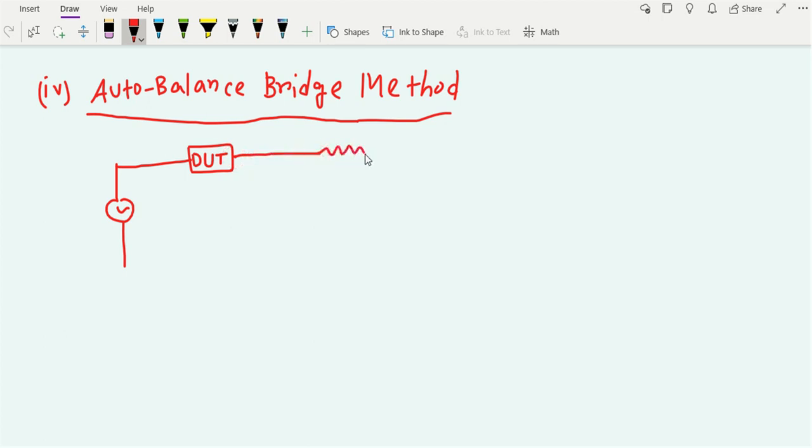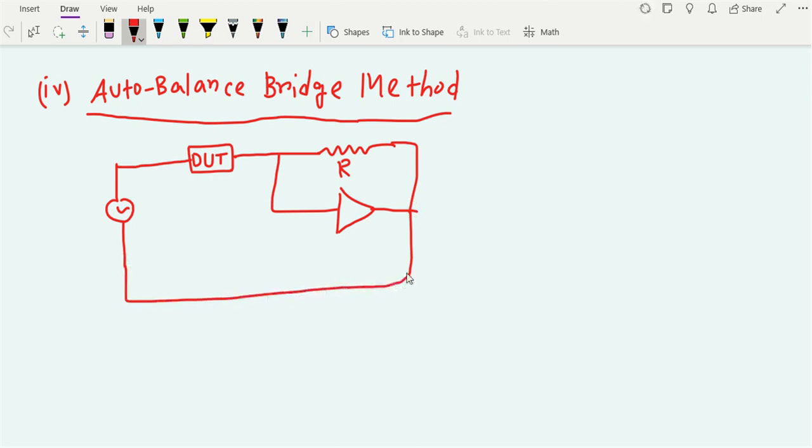And this is the one known resistance, you can put here R, and this will connect with an op-amp. Now this will go to the ground, and this terminal is the minus and this is the plus, so this will also go to the ground.